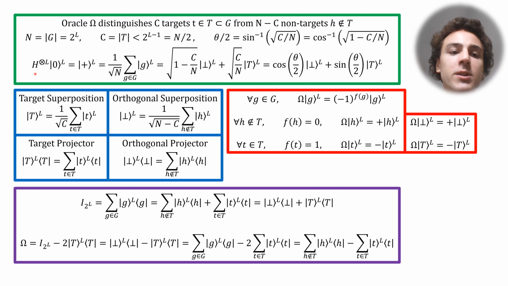We can prepare this quantum state by first initializing an L qubit register in all zeros, and then applying Hadamard gates to all L qubits in this register. When you see a 0 labeling a ket with a superscript L, that is shorthand notation for an L qubit computational basis state that corresponds to initializing in all zeros.